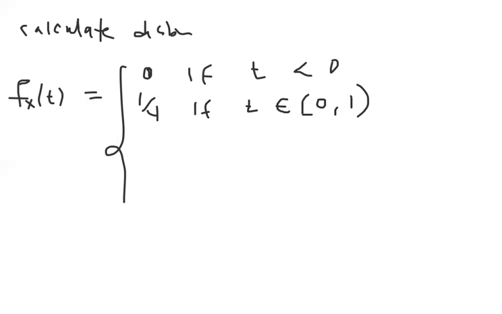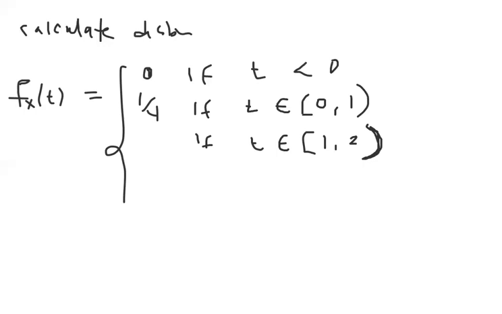And the next one becomes, if t belongs to 1 with 2 not inclusive, so this expression here always means the 2 is not part of it. That means we are going to have either the probability of having 0 or 1. The probability of having 0 is 1 over 4, and the probability of having 1 is 2 over 4.